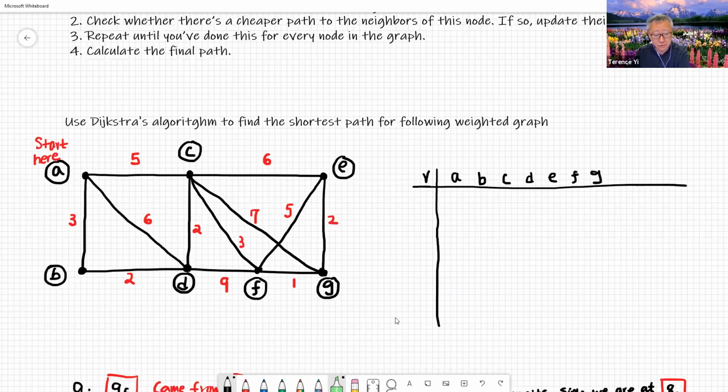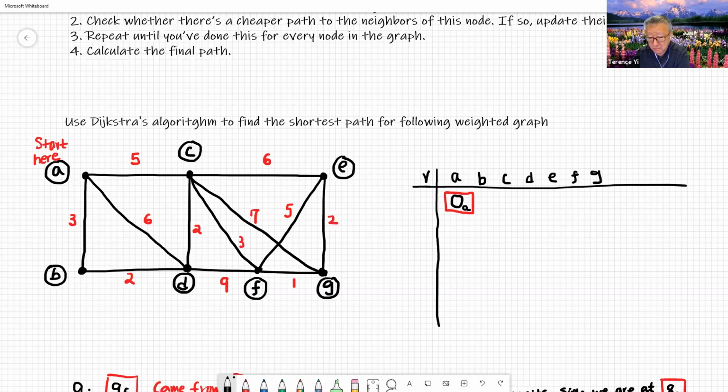Okay, so we're going to start from A. From A to A, there's no distance, so I'm going to put 0 here. We're also going to write a subscript indicating where this is coming from. So this is A, so I'm just going to put A here. Okay, so now I'm going to put a box around this, meaning that this is completed.